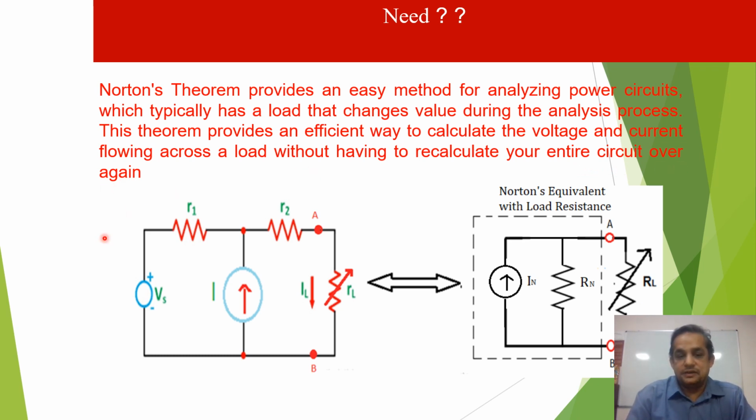Now we understand what I am saying. Here a circuit is given and they ask to calculate the load current in this resistance. This resistance here is called the load resistance. You calculate the current flow in the load resistance. We can solve this from KVL, KCL, superposition.